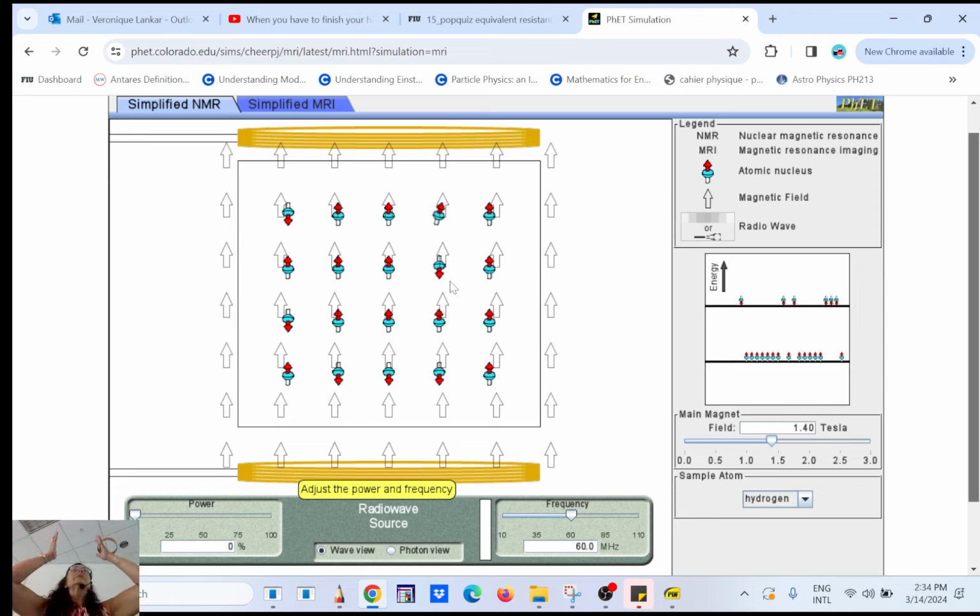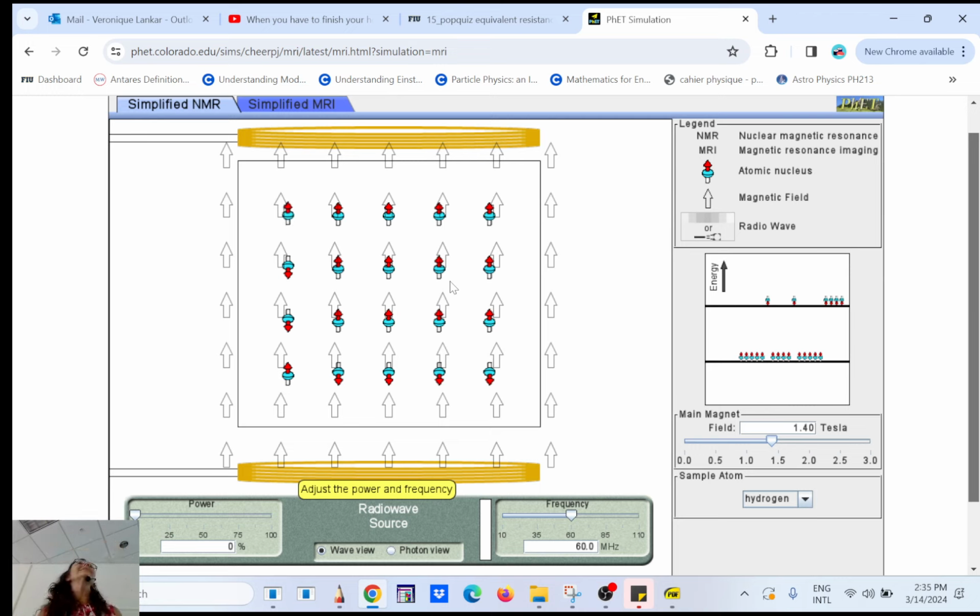So if I am sitting in an MRI machine, they turn on the magnetic field, let's say going from the top to the bottom. All those little hydrogen nuclei will align with the magnetic field. But because probability is involved, we are talking about quantum physics, some of them like to be excited, but most of them will not be excited and will be aligned with the magnetic field.